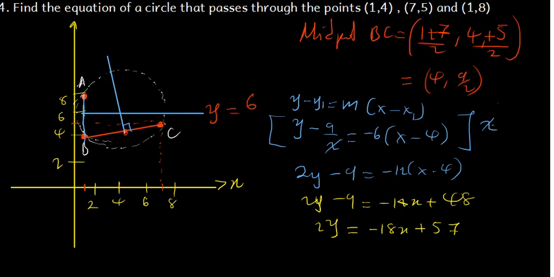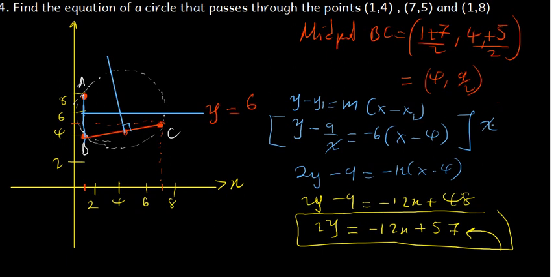Okay, so this is the equation. This is a 12 here, so a 12 there, even the 12 here. So this is the equation of this line. We are saying 2y is equal to negative 12x plus 57.